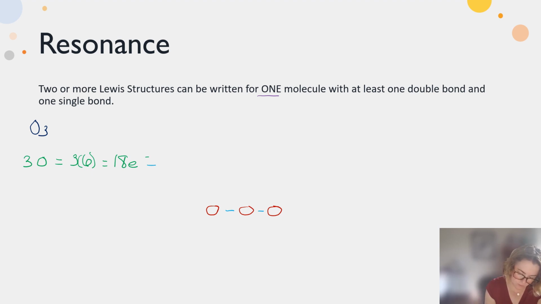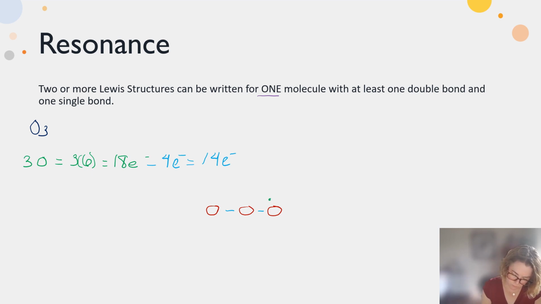Here, that is going to use 4 electrons, which is going to give me 14 electrons left over. Those 14 electrons that are left over have to go into my structure. And again, I always say put those extra electrons on the outside atoms first and then go back and put them on the inside atom.